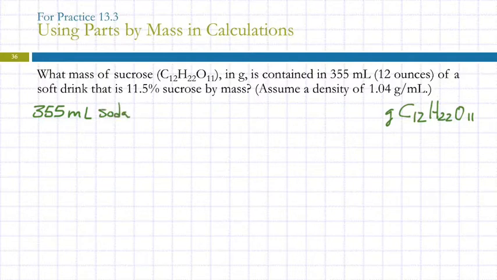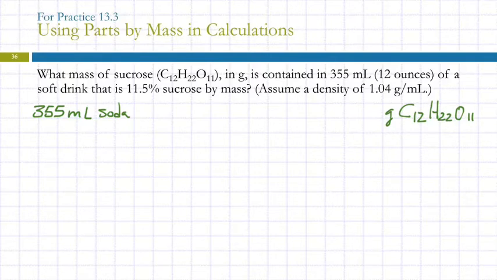The 12 ounces there is just kind of for reference, right? A 12-ounce can, like this one I've got here, says in parentheses there 355 milliliters. If you're ever stuck for conversion factors, sometimes you can get them off of the food that you're eating. They're not as precise, but they work. So 355 milliliters. The 12 ounces, we're not going to use that.